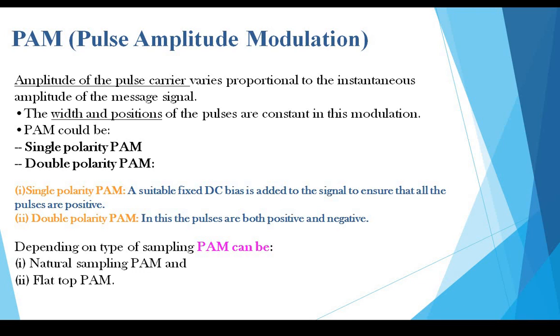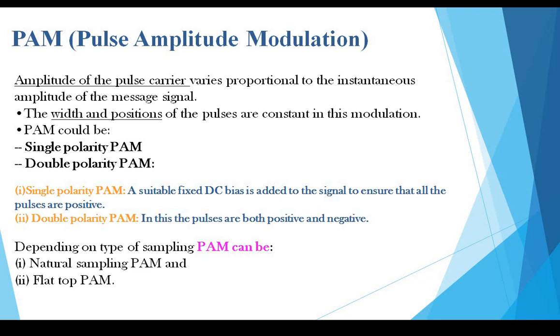It means in single polarity PAM we get only positive pulses. Whereas in double polarity, the pulses are both positive and negative, above and below the axis.